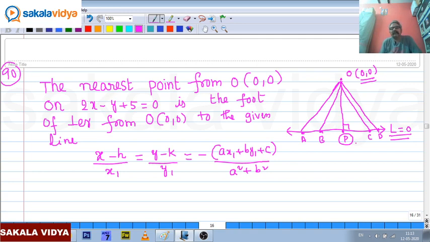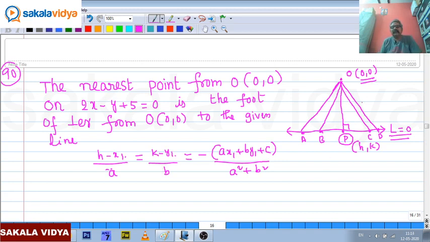For example, this P is the foot of the perpendicular, say (h, k). Sorry, I wrote it wrong. It is (h minus x1) by a equal to (k minus y1) by b equals minus (ax1 plus by1 plus c) by (a square plus b square). This is the foot of the perpendicular formula.